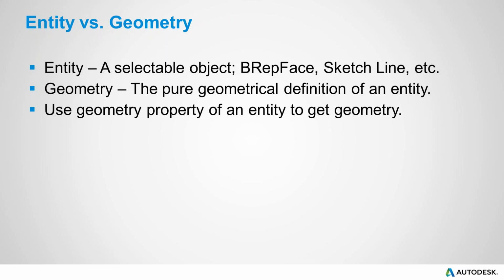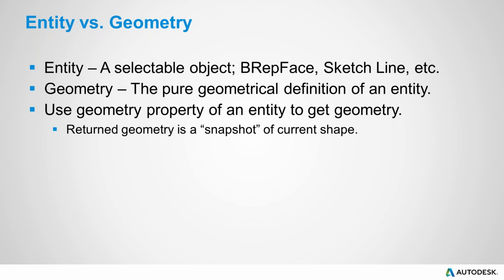So here you can use that geometry property to get it. When I get the geometry, one way to think of it is as a snapshot of the current shape. Fusion is looking at that face, getting information about it, and creating a plane object to give back to me. That plane does accurately describe the current shape of the face, but they're independent now.